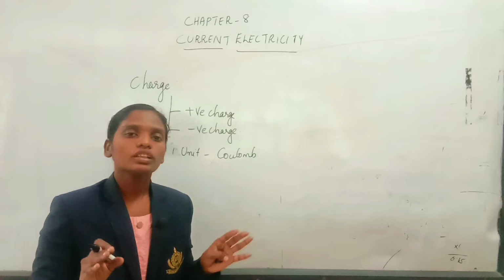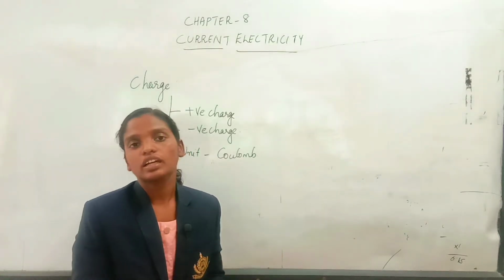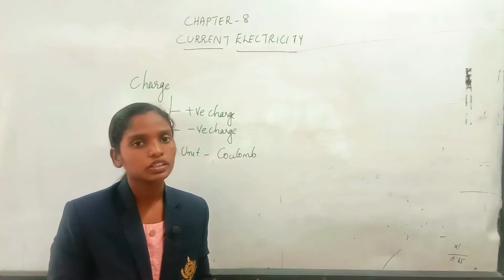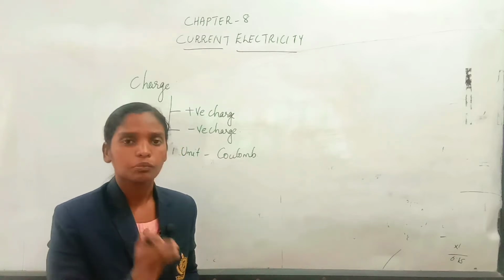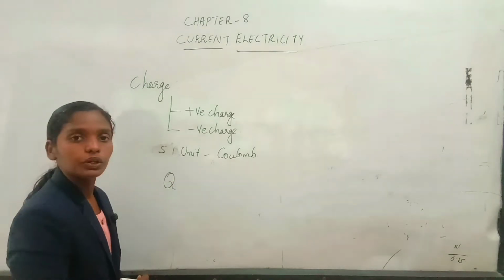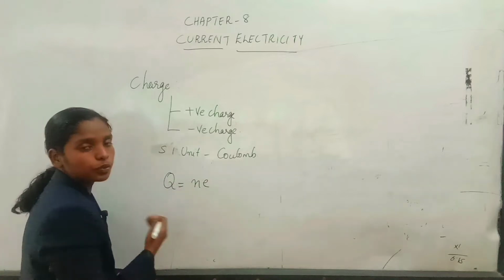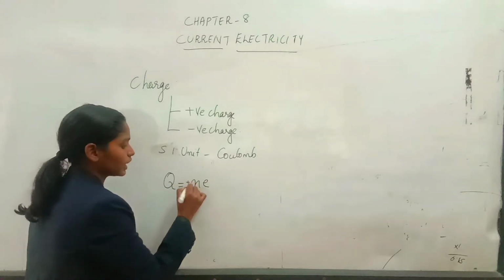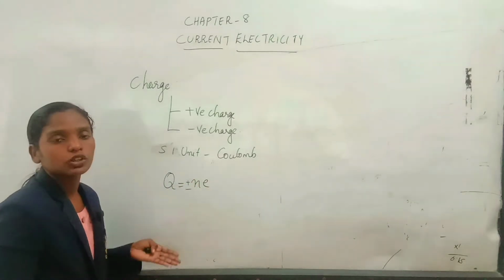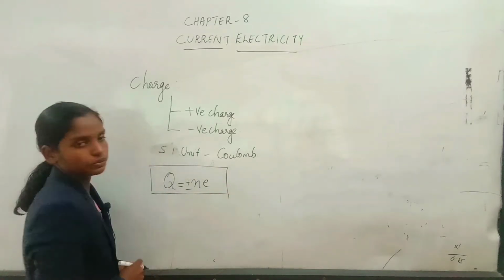That means any charge of any body in this universe can be written as an integral multiple of the smallest amount of charge. Q is the term we use to represent charge, that is Q = NE. Based on whether it is positive or negative, we write it as Q = ±NE. This is the representation of charge.